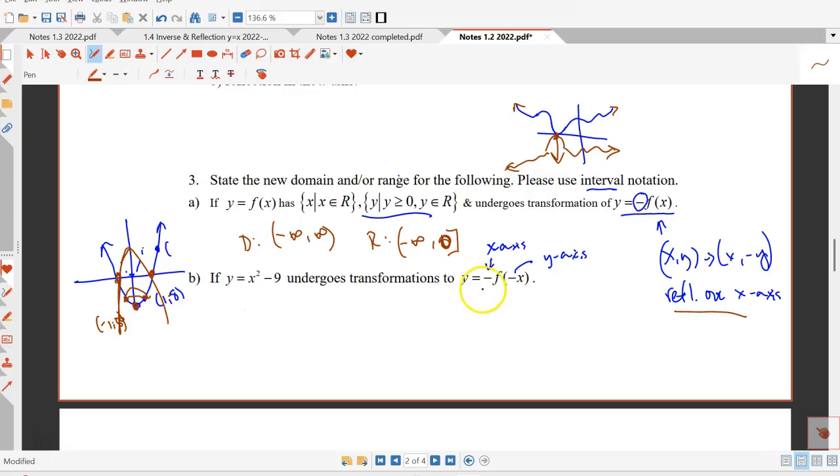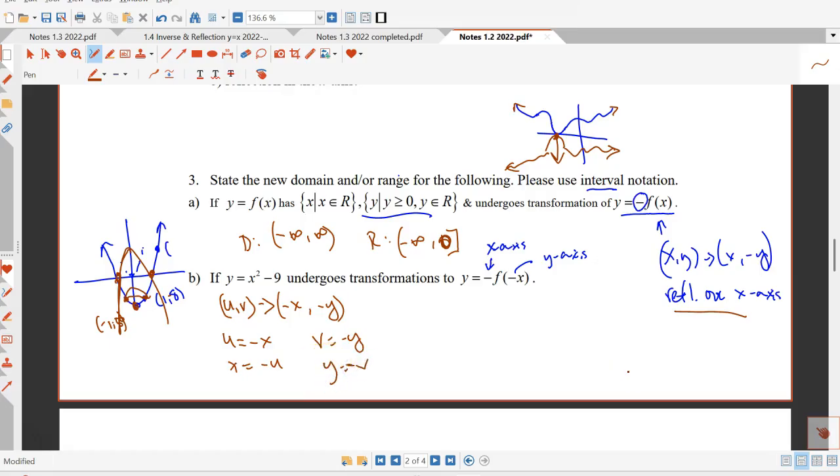So if I do the replacement, here's my mapping notation, right? It's going to go to negative x and negative y. And so replacement means u equals minus x, and so x equals minus u. I'm going to replace the x with a negative x, and v will be minus y, and y will be minus v.